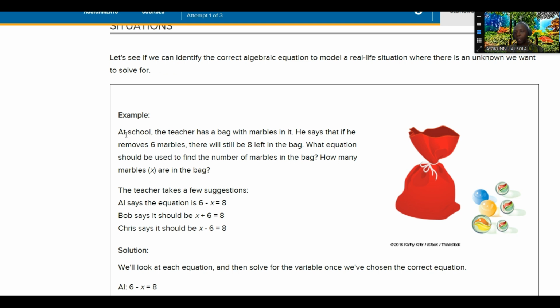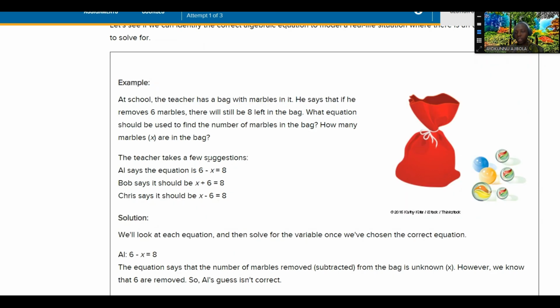But let's see. At school, the teacher has a bag with marbles in it. He says that if he removes 6 marbles, there will be 8 left in the bag. What equation should be used to find the number of marbles in the bag? How many marbles are in the bag? The teacher takes a few suggestions.